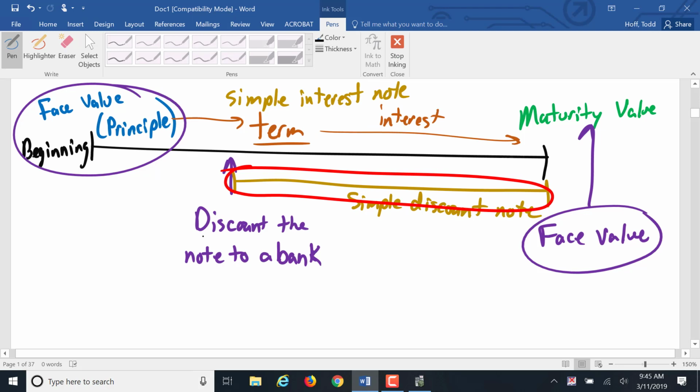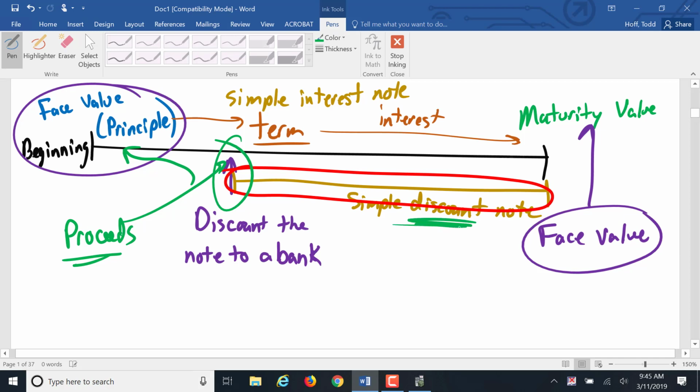The two big things that are important here, one is the proceeds. That's the amount of money that's going to go back to that original note holder at this point where it's discounted. And of course, the amount of that discount helps us determine those proceeds.